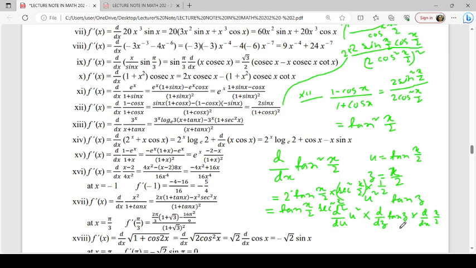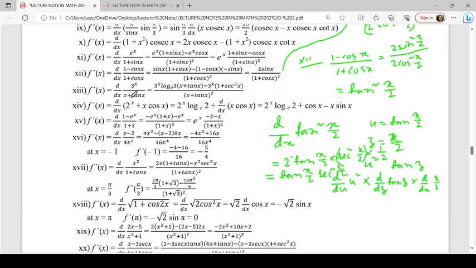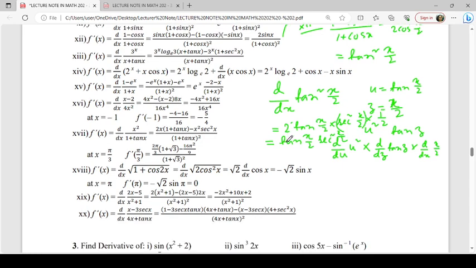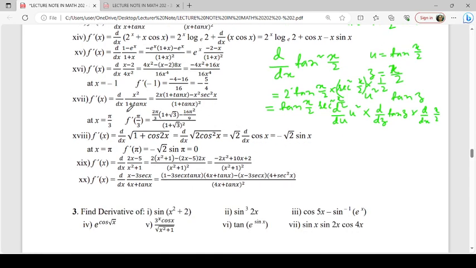So in this way also we can do it. Then it is again these fractions, so these are all this. Now this one is at x is equal to -1, so f dash x, we are finding this, we are getting these values.